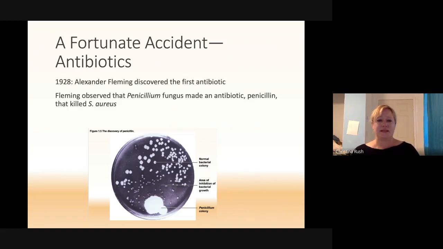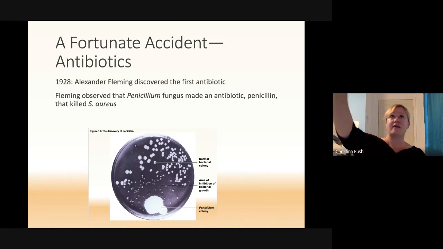And what he did is that he observed that penicillin fungus made an antibiotic, penicillin, and it was killing S. aureus. How did he discover this? Well, he was kind of a sloppy scientist, to be honest. And his bench had some shelves on it. And his wife packed fruit for him for lunch one day, and he didn't want to eat his fruit. So he left his lunch up there on the bench, and he never cleaned it up.